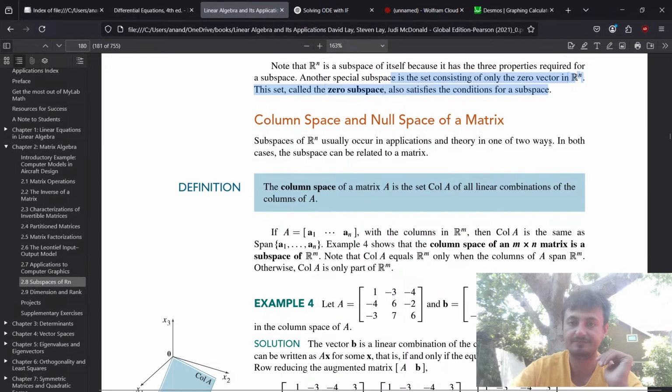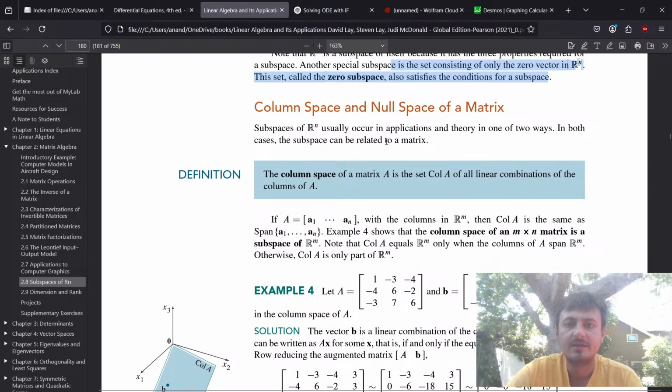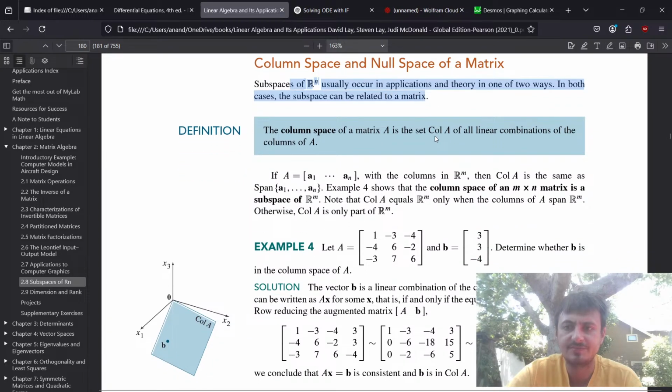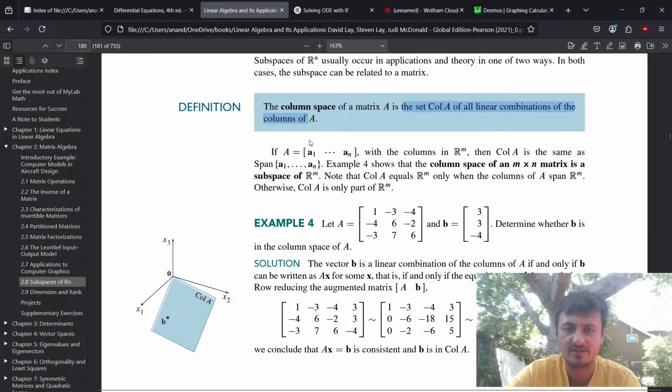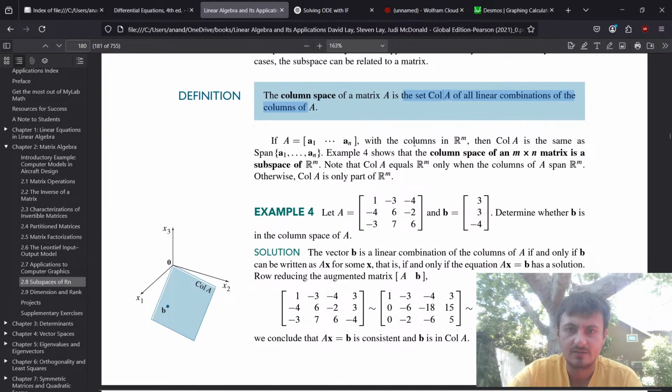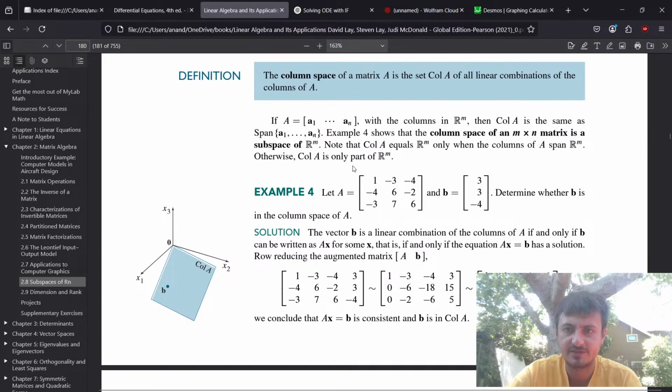Okay, some more definitions. The column space is just all linear combinations of the columns of the matrix A. So, pretty easy definition.